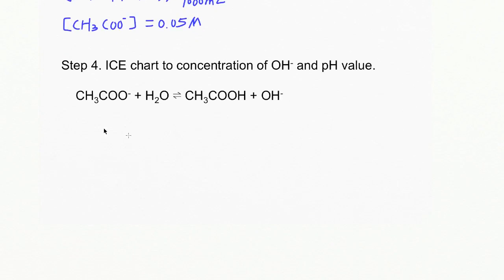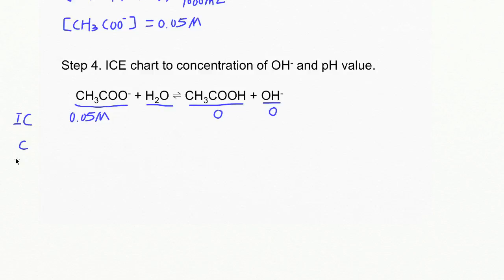The IC chart is based on this equation: the dissociation of the acetate in water to generate the conjugate acid and hydroxide. Initial concentration of the acetate, 0.05 mole per liter. The concentrations for both of the products are 0.